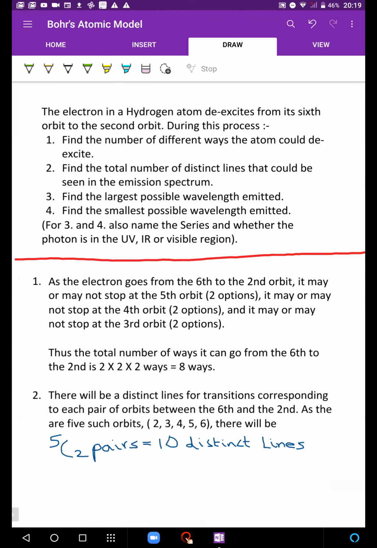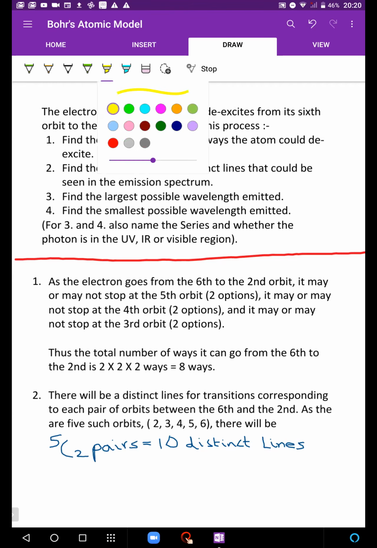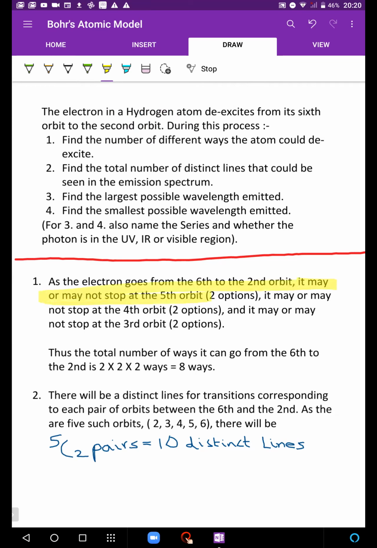And at each orbit, it has a choice of whether or not it should stop there. So as it de-excites from 6 to 2, it may or may not stop at the 5th orbit.